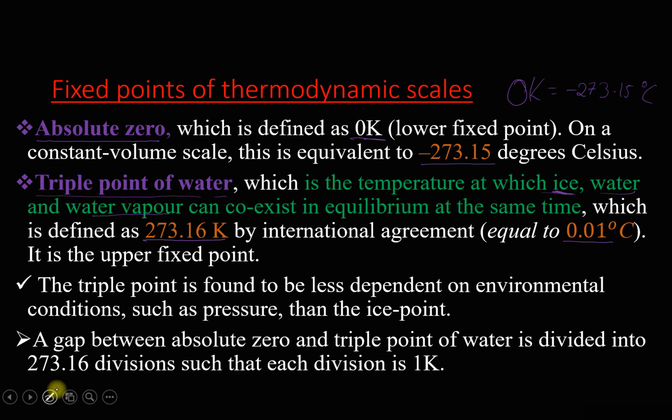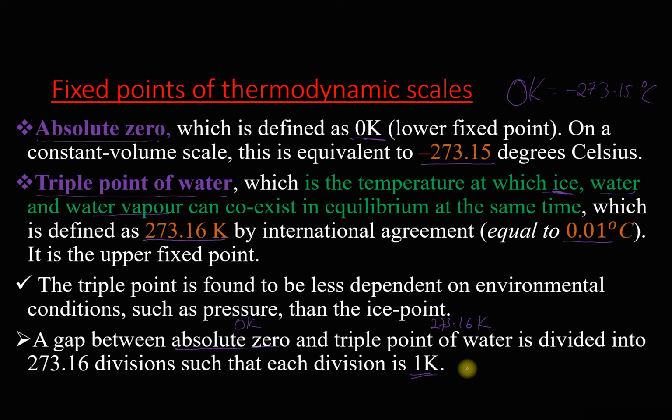So the gap between absolute zero, that is 0 Kelvin, and the triple point of water, that is 273.16 Kelvin, can be divided into 273.16 divisions, such that each division is 1 Kelvin.